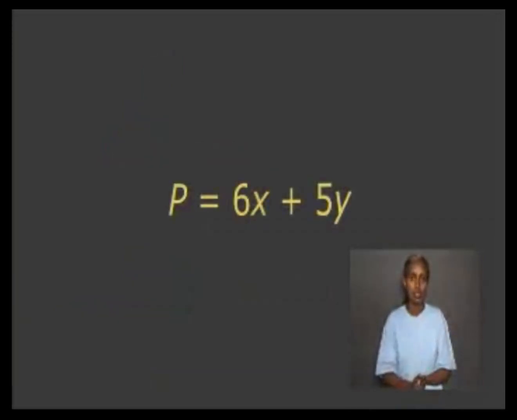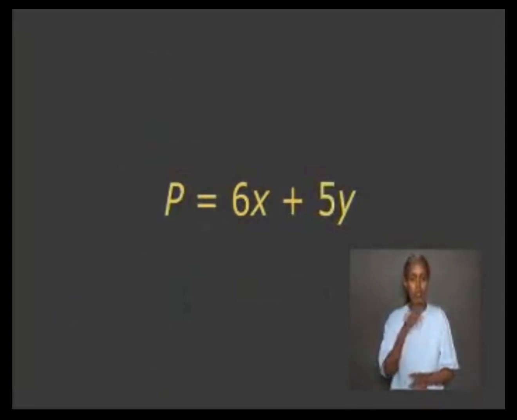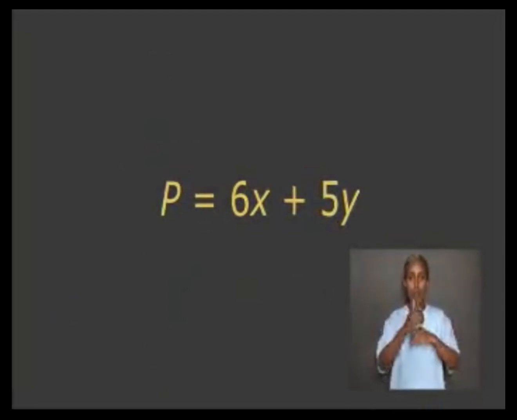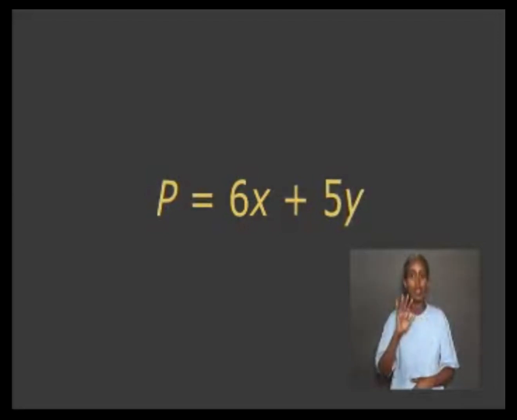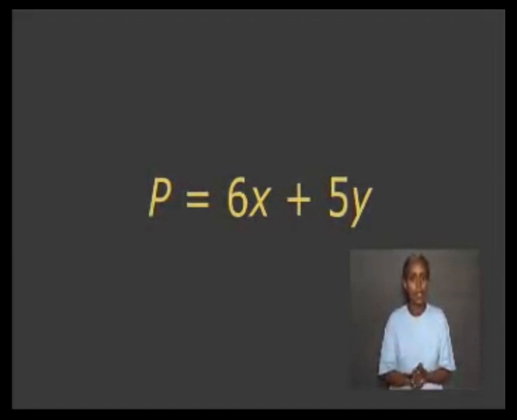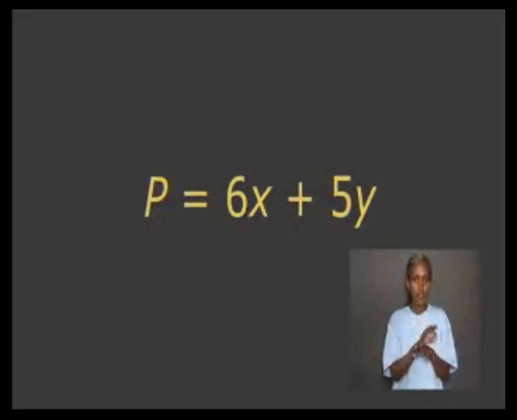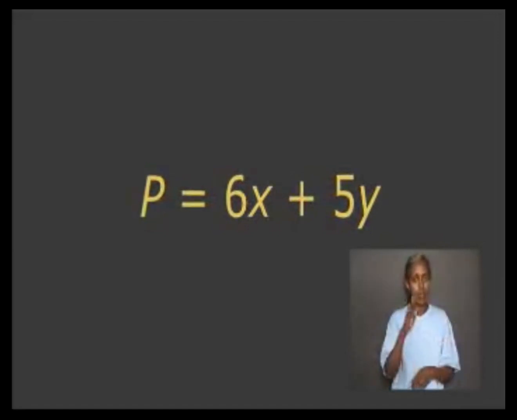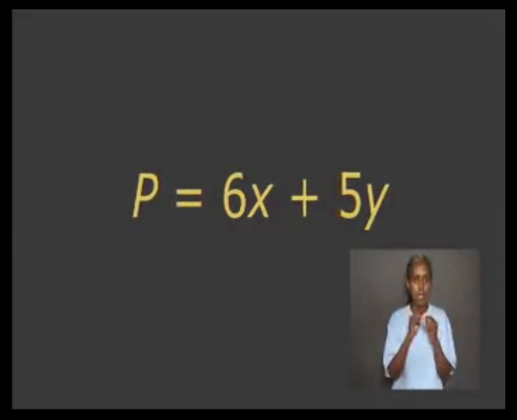The profit made is 6 birr on a box of tea and 5 birr on a tin of coffee. So the profit function is given by P = 6x + 5y.